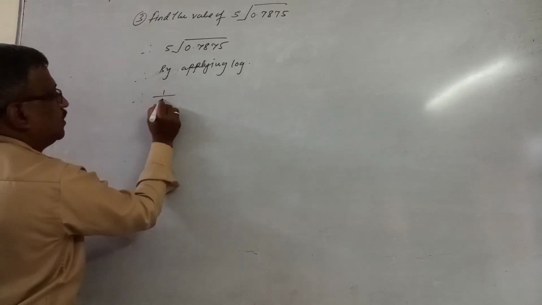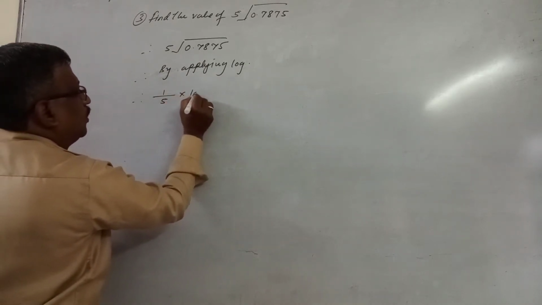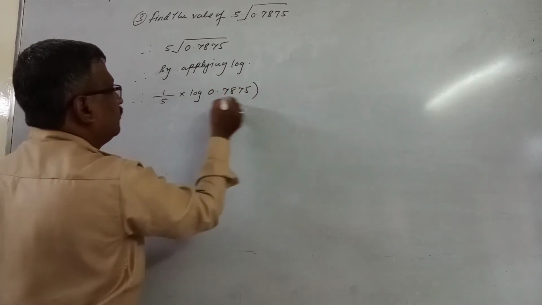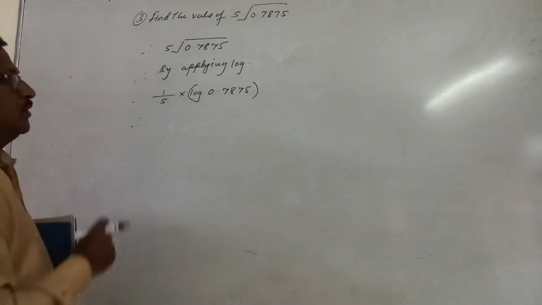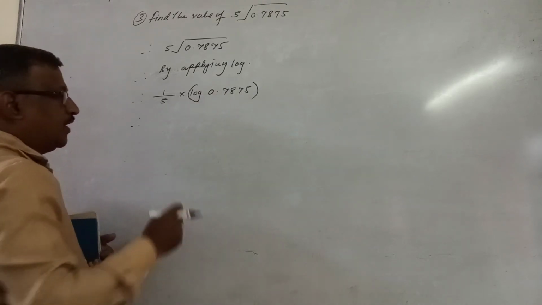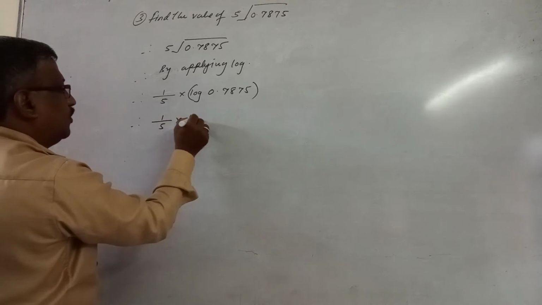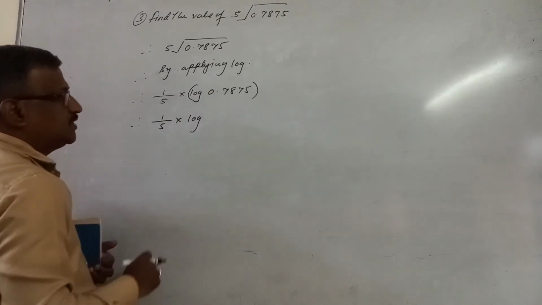It is taken as 1/5 into the log of 0.7875. So by applying log, keep this 1/5 as it is, into the log of 0.7875.